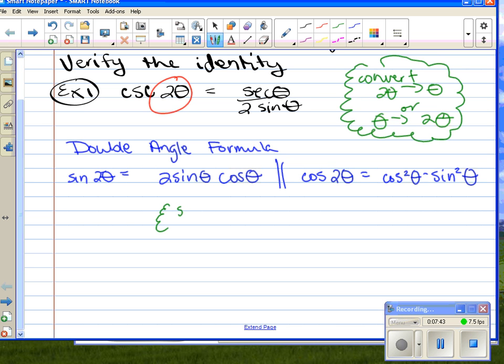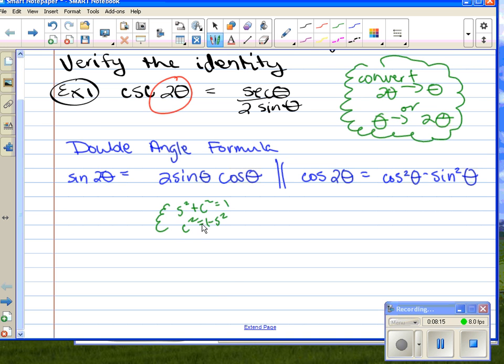Think of the Pythagorean identity, which says sine squared plus cosine squared equals 1. If you trade out a cosine squared, like say I'm going to solve this for cosine squared, I'll get cosine squared equals 1 minus sine squared.